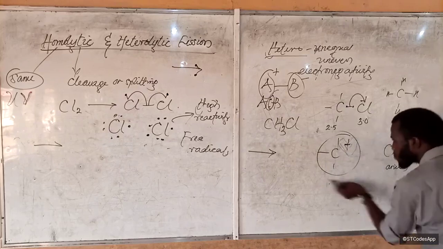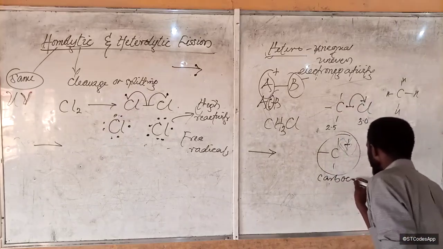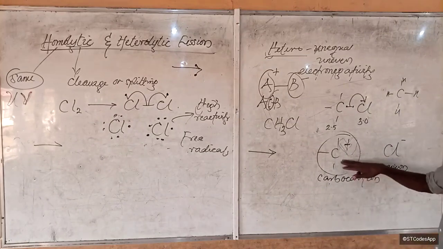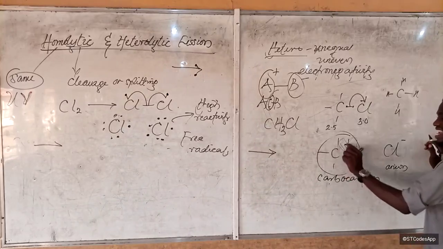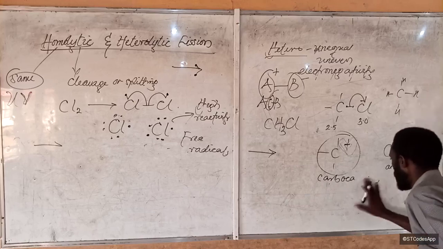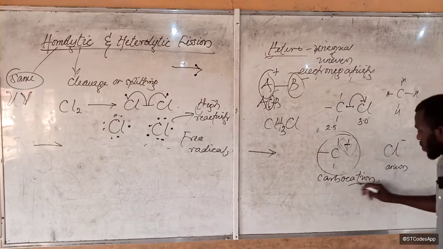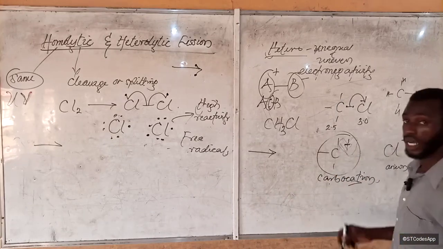But because it is an organic compound, it is called a carbocation. Why? Because it has lost electrons and gained a positive charge. Cations are positive charges, hence a carbocation. This is the methyl carbocation.